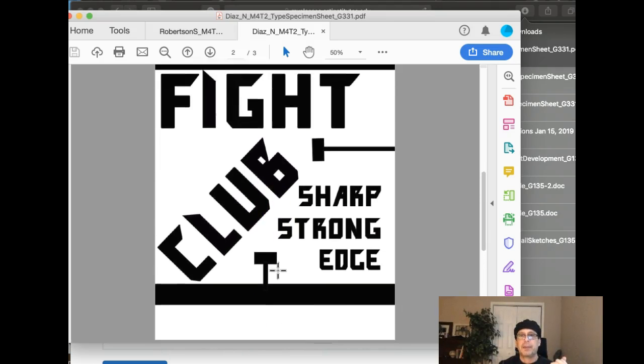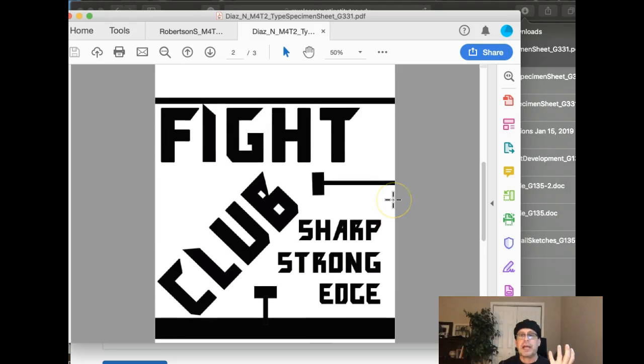Right now, my biggest issue with the work is that you're not showing your numeric character set, you're not showing your punctuation. We've worked very, very hard on these aspects, and they're part of your typeface, so they should be presented accordingly. Don't forget the reasoning behind a type specimen sheet is to showcase your typeface so that other designers or potential users can look at it and say, hey, there's enough here.